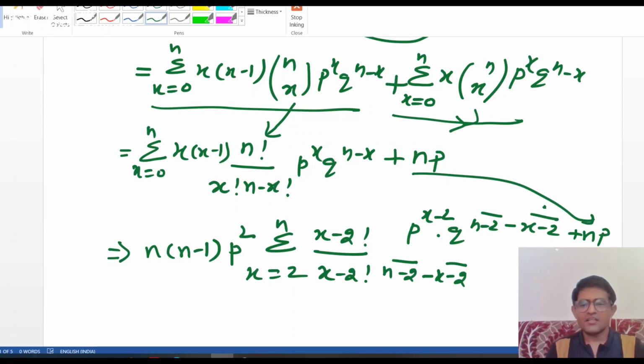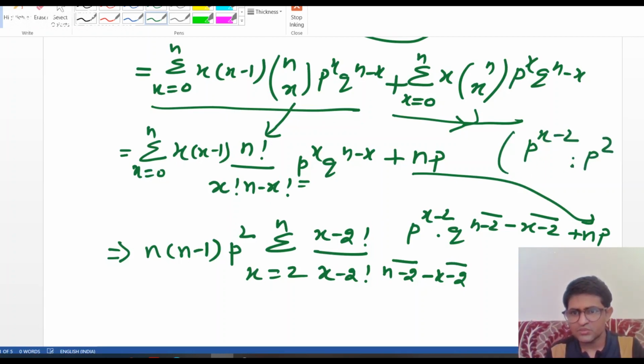In this case we expand p two times and take p square outside, so we can write p to the power x minus 2 into p square.